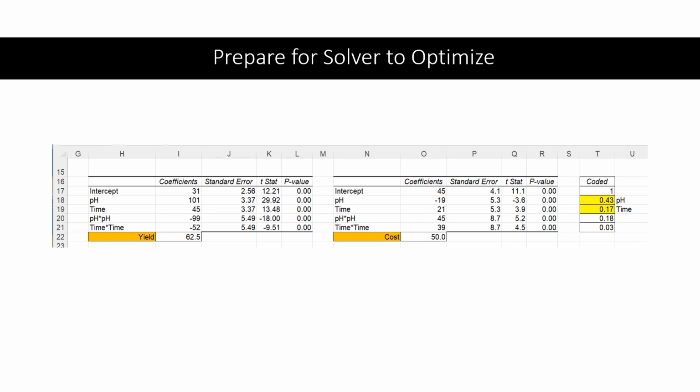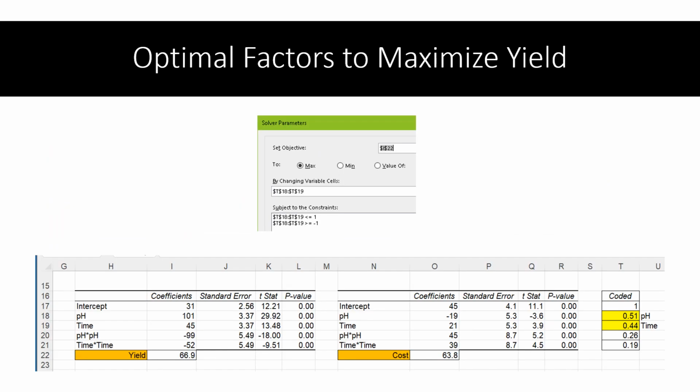In T21 the formula equal to T19 times T19 to calculate time squared. In I22 the formula equal to sum product of I17 to I21 and T17 to T21 to calculate yield as a function of the coefficients and the values of pH and time. In O22 the formula equal to sum product of O17 to O21 and T17 to T21 to calculate cost.